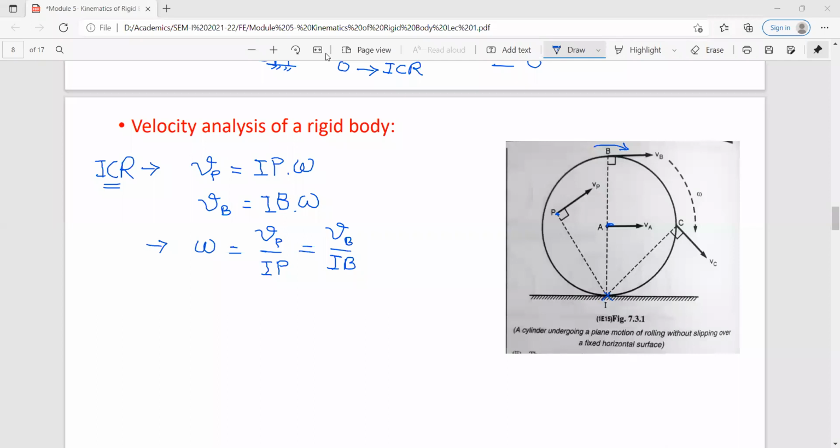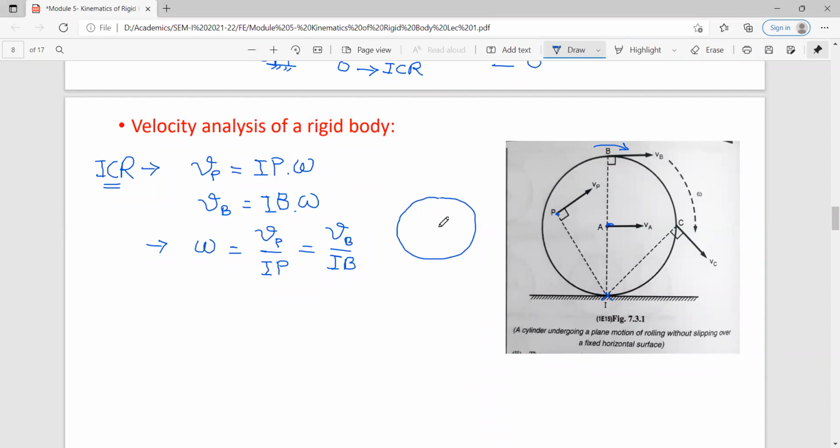So, sir, can we say that ICR can never lie on the center? No, it's not like that. Suppose this cylinder is like this, suppose we remove the support, there is no ground here, the cylinder is like this.